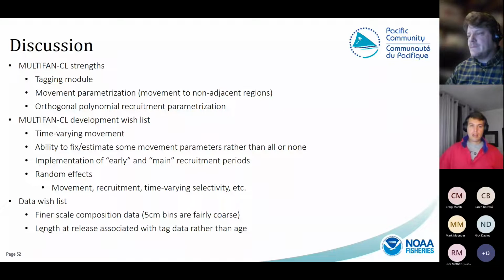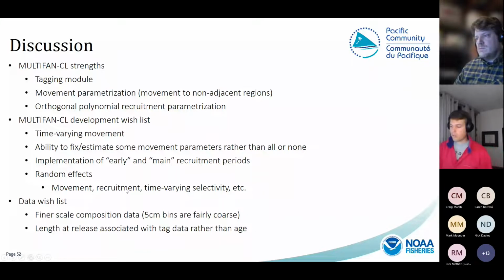But if we were to estimate growth internally to the model, this would be a bit problematic, because then you could get a mismatch between the growth curve that you use to convert ages to lengths and the growth curve that is actually being used with the population dynamics estimated internally.